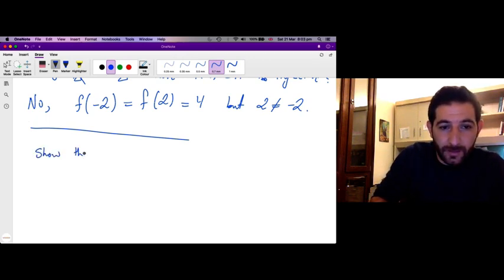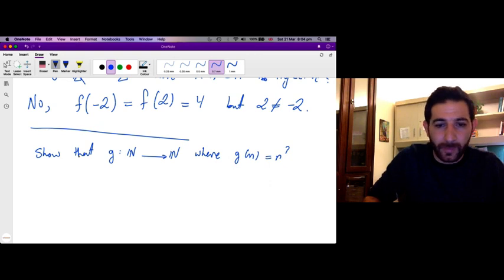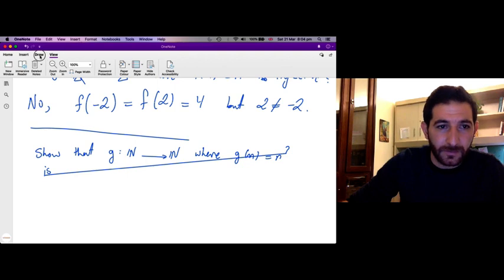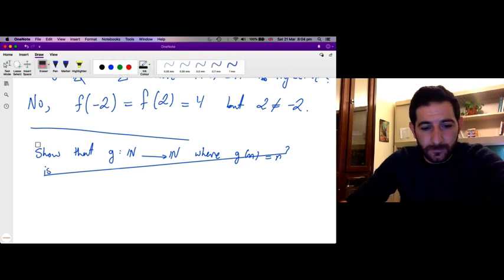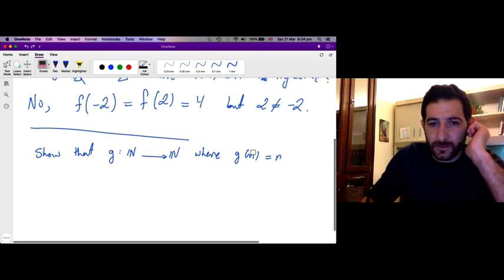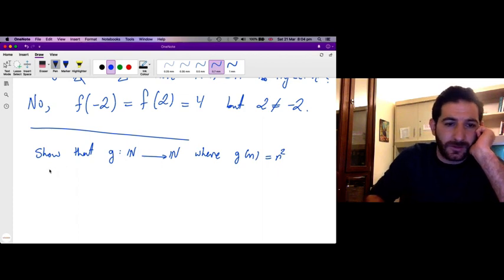Show that the function g from the natural numbers to the natural numbers, where g of n is the square of n again, is injective.